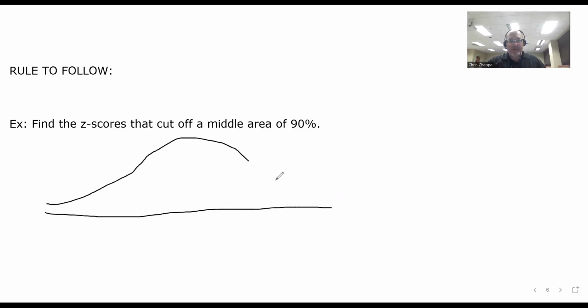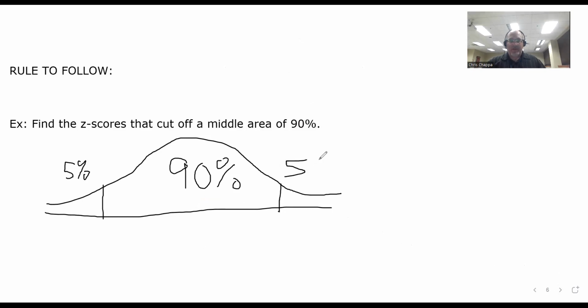All right, middle area, remember how that works. If the middle area is 90%, then that means that the remaining 10% is split amongst the two tails. Now, these z-scores will be opposites of each other since the bell curve is centered at 0, so we really only have to find one of them, and keep in mind, our z-chart likes left areas, so we're going to find the left z.